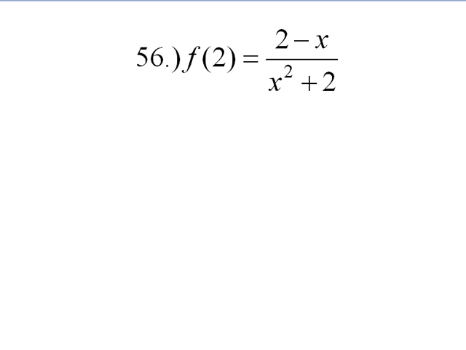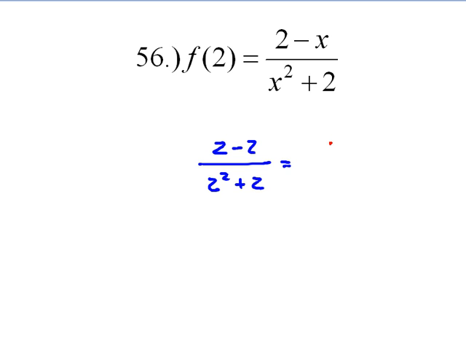Okay, now we're getting into division, but it's still the same thing as we've been doing. We take the function of x as 2, so we have 2 minus 2 over 2 squared plus 2.